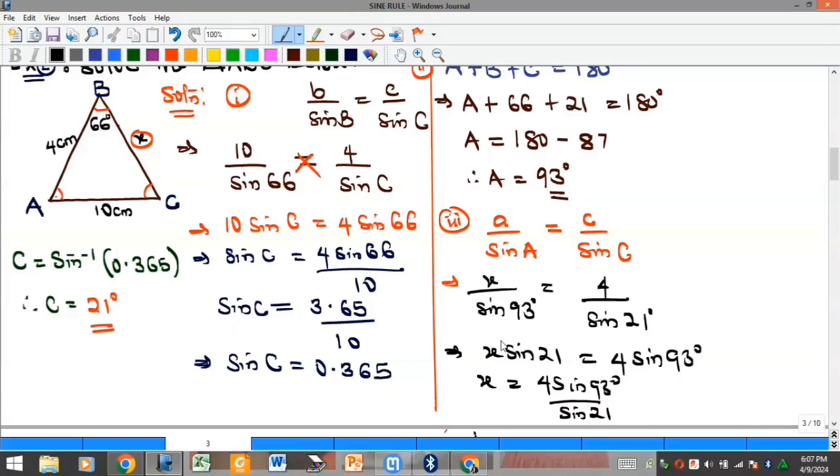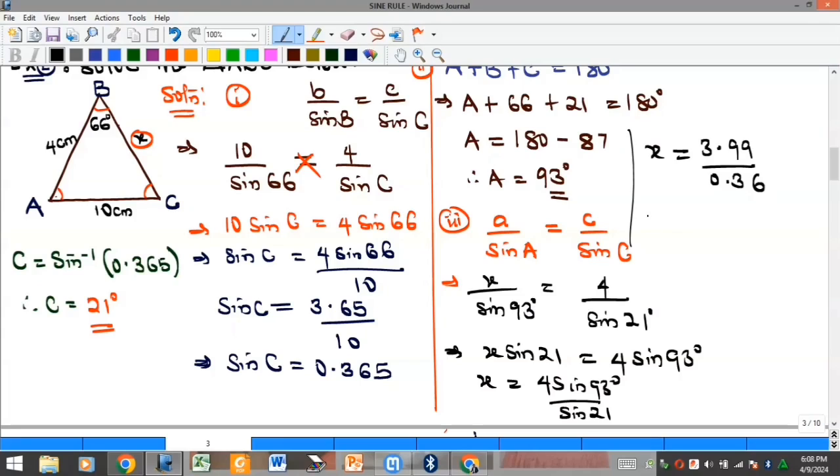So by the time I now simplify what I have, that will give me the value of x. Let's quickly do that. 4 sine 93 is giving us 3.99 to 2 decimal places. Now all over sine 21, which is giving me 0.36 approximately.